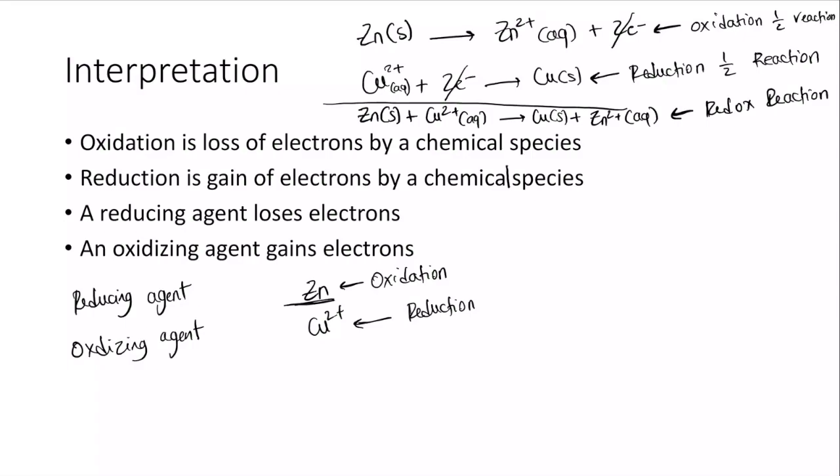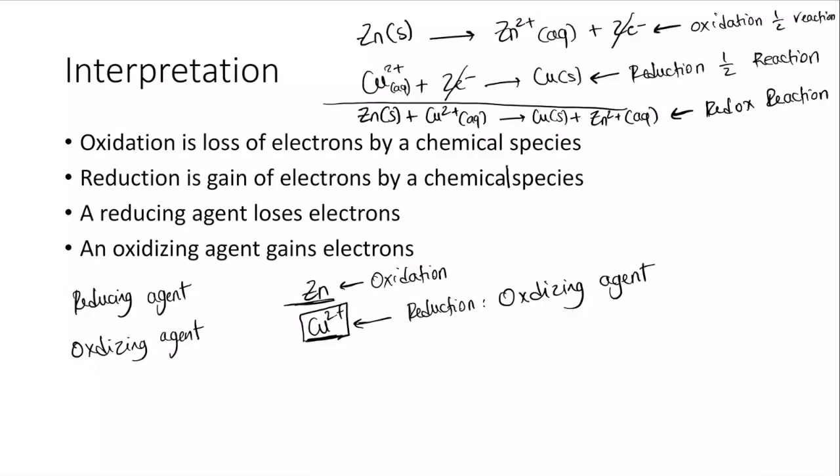In other words, what element triggers Zn to lose electrons? If there is no element that wants to gain electrons, then Zn will not lose electrons. So Cu2+ is the agent that triggers Zn to lose electrons. Because of that, we can say it's the oxidizing agent. It allows Zn to undergo oxidation.